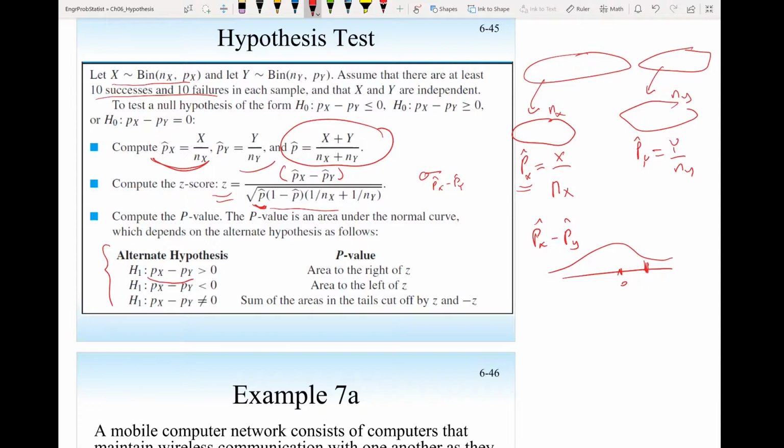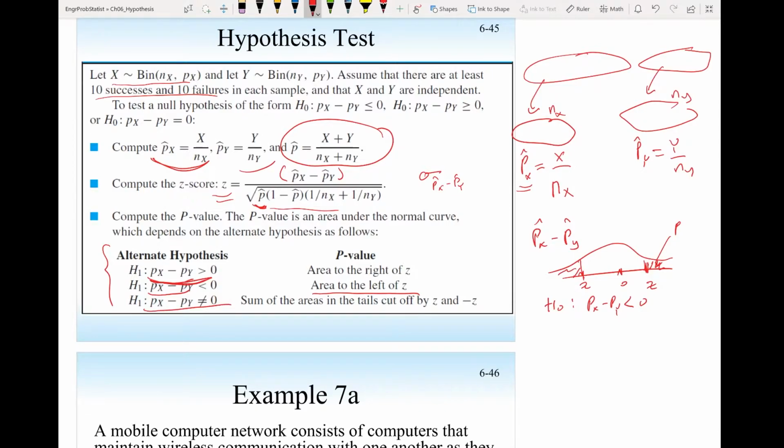Then the alternative hypothesis will be this one, and the p-value will be to the right of the z-score, and that's the p-value. The null hypothesis will be the opposite of H1, Px minus Py less than or equal to 0. Always oppose the evidence of the sample. And the same thing, if Px minus Py is less than 0, then the area to the left. If z came here, then the p-value will be here.